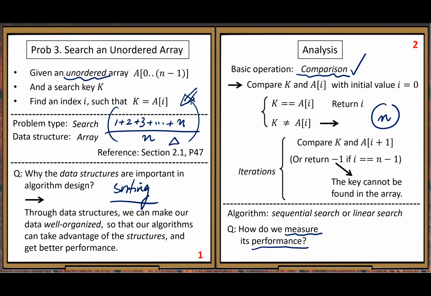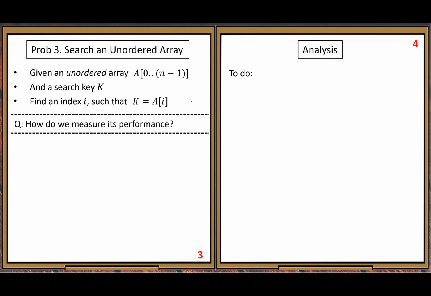All right. So let's consider the operation. We need to count the number of comparisons. We need to study all the possible cases, then we can look at the average.